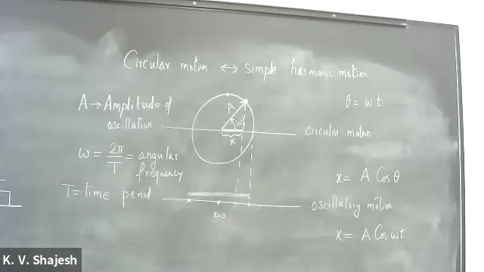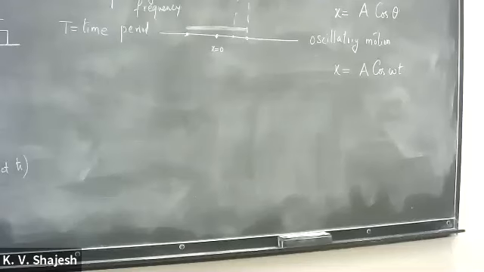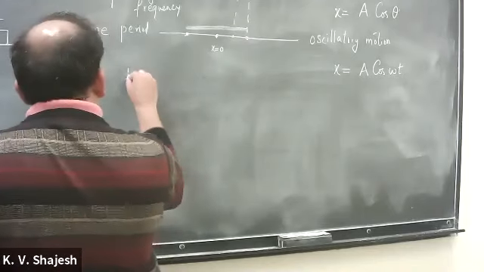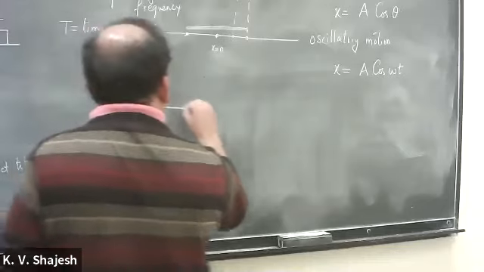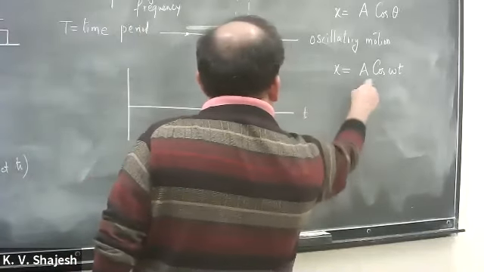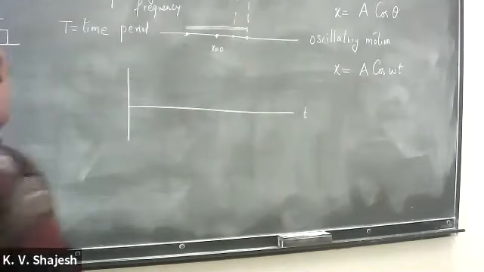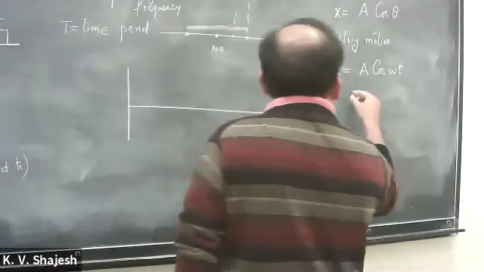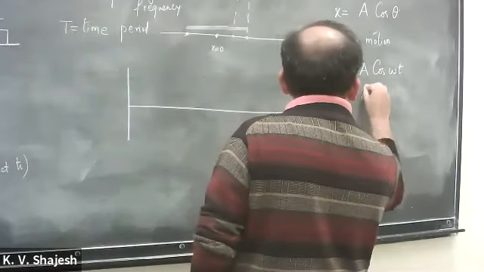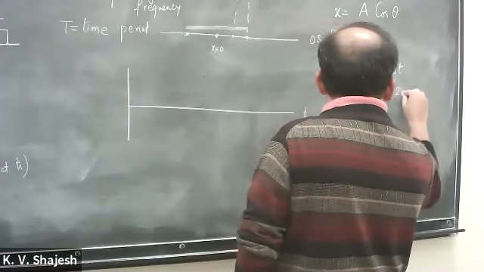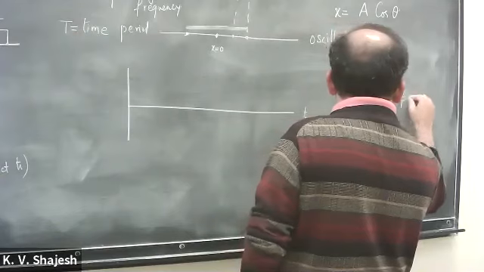So let's plot that position time graph. So we have x as a function of time. We have argued that x as a function of time is given by the cosine function. And we can also write this. It's instructive to write this as cosine of 2 pi over T times t.